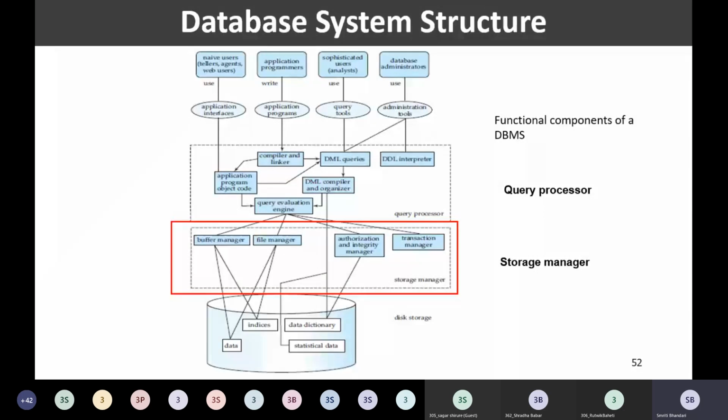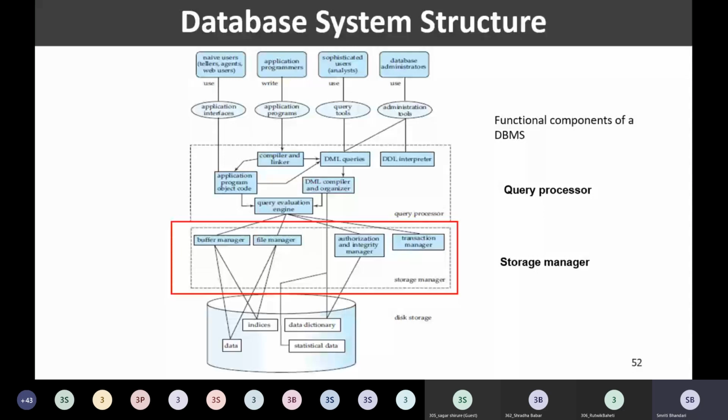So a gigabyte is of the order of 1000 megabytes, whereas 1 terabyte is of the order of 1 million megabytes. If we consider a corporate database or a database related to some enterprise, it is in terms of hundreds of gigabytes or even terabytes. So a huge amount of data needs to be stored, and that is why a huge amount of storage space is required.